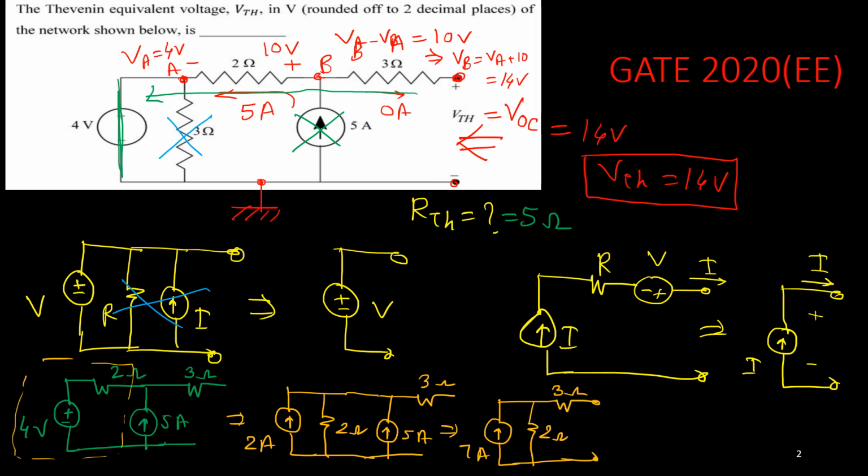Now again you can convert this current source to a voltage source. Then you will get a voltage source and a series resistance. The voltage will be 7 into 2, which is 14 volt, and this 2 ohm will come here, and then that 3 ohm will be connected here.